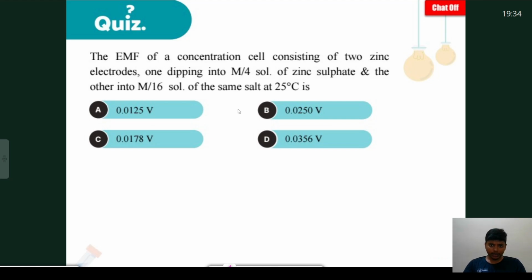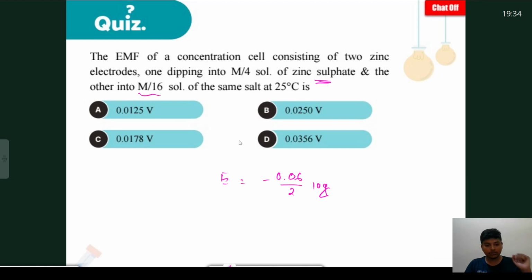Simple thing, zinc sulfate, Zn2+ concentration given. Two zinc electrodes, one dipping in this and one in this. You know that always E equals minus 0.06 by 2 log of low concentration by high concentration. Which one is the low concentration?